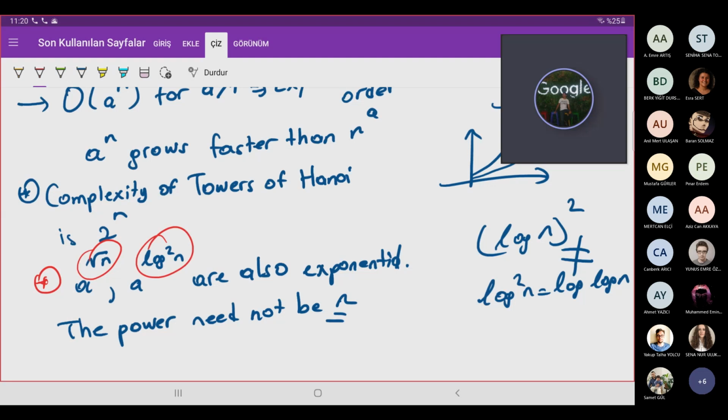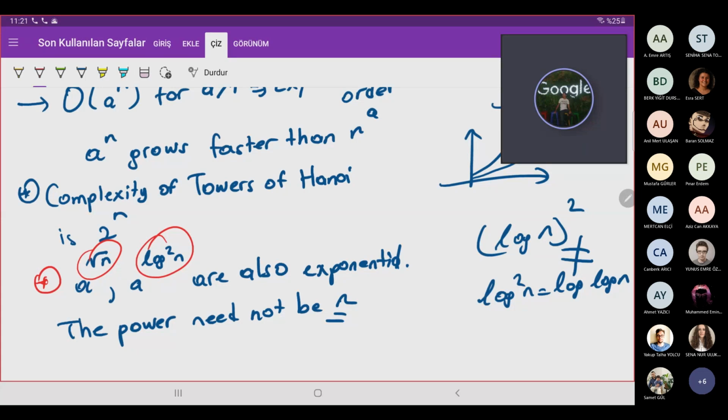It doesn't have to be explicitly a to the power n. It could be a to the power n square, which is even worse, of course, because n square already grows faster than n. But even these functions are also exponential, okay?